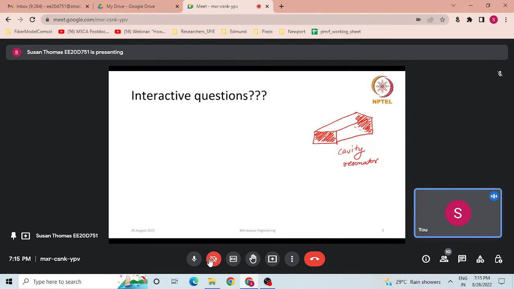Now, in these cavity resonators, we need to have the concept of resonant frequency. Resonant frequency is fr is equal to c by 2 into root of (m by a) the whole square plus (n by b) the whole square plus (l by d) the whole square.